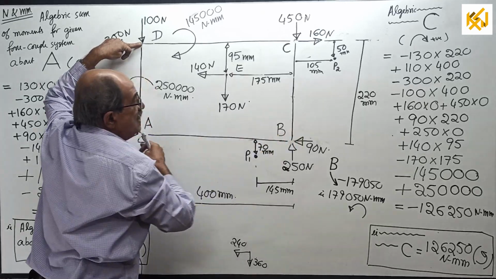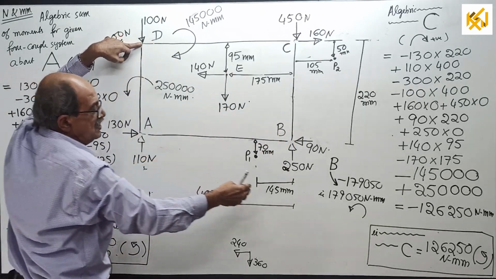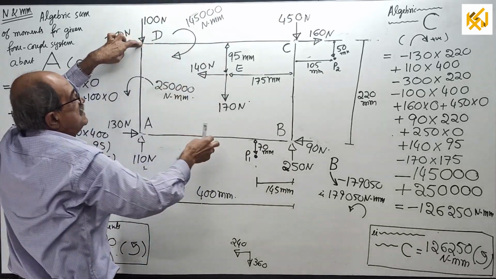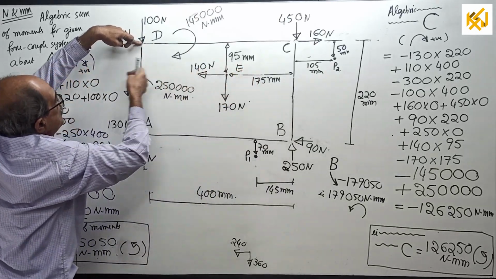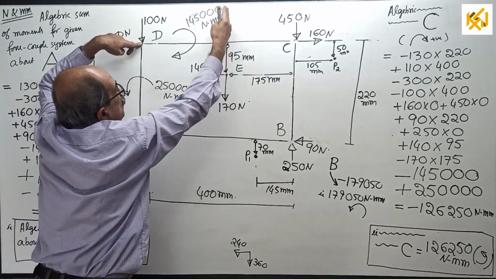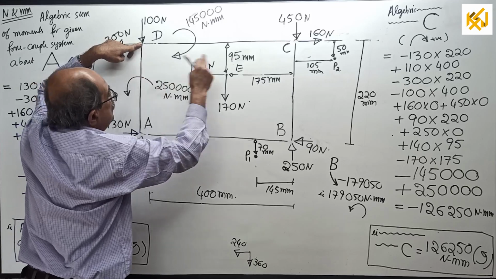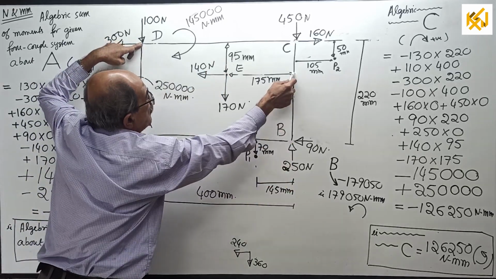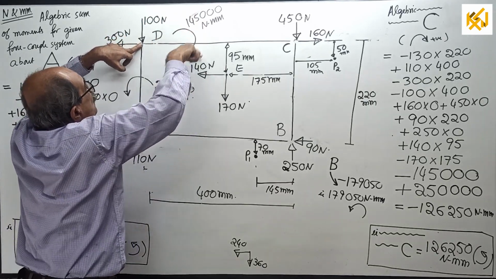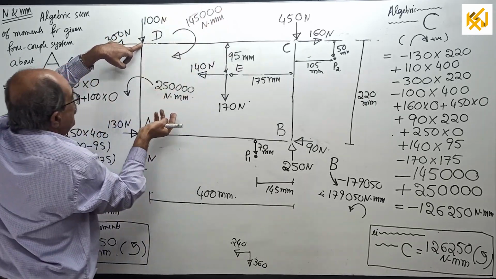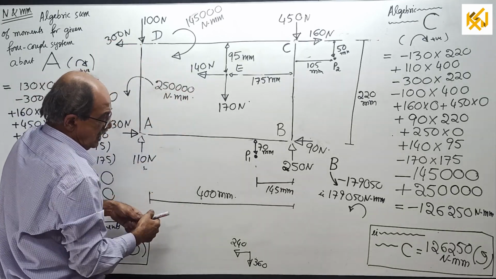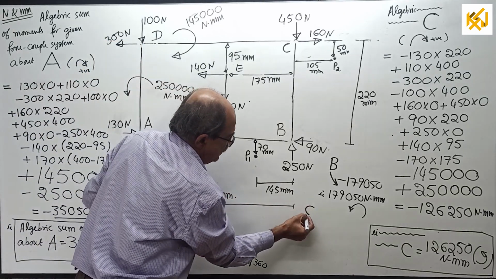Oh, sorry, 90 into 220 is clockwise. 250 into 400 anti-clockwise. Then 140 into 95 clockwise. 170 into 400 minus 175 clockwise. Then plus 145000 minus 250000. That's all.